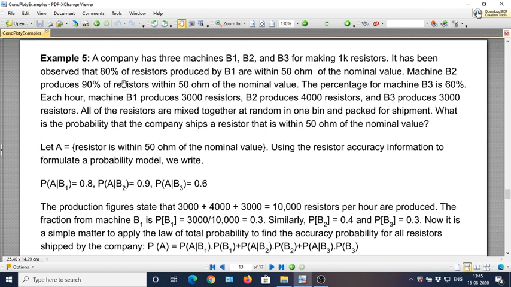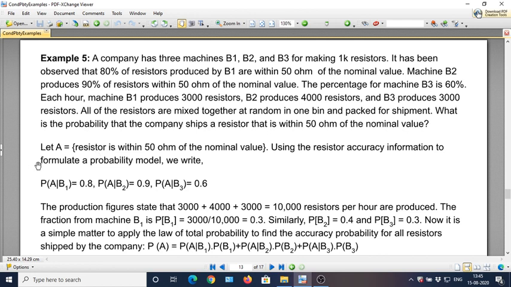B1 produces 80% acceptable, B2 produces 90% of the resistors, and so on. Each hour B1 produces 3000 resistors, B2 produces 4000, B3 produces 3000, and so on.